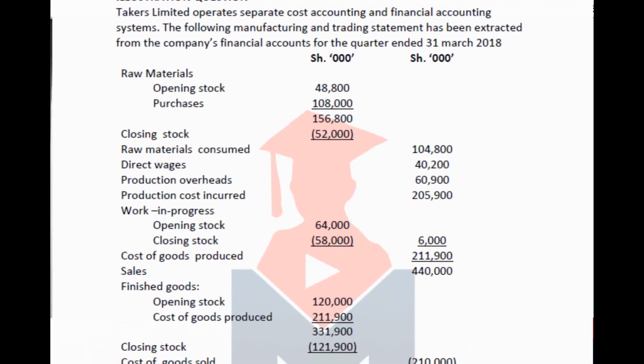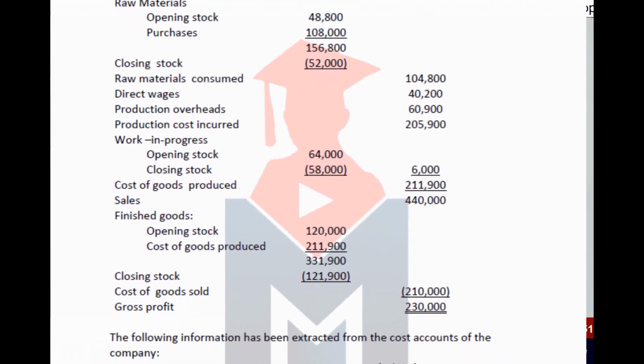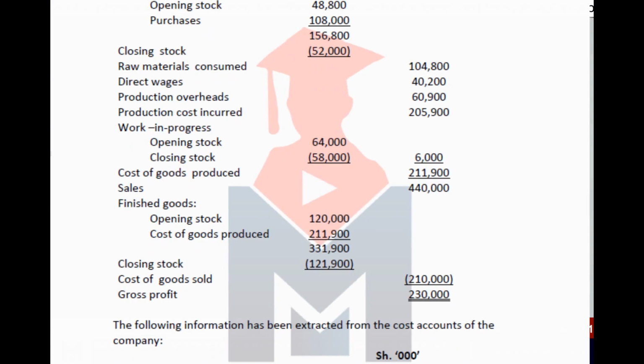So after that, production cost incurred, I'm given 205,900. These are costs incurred. We aren't told if they were overhead. So this one will not affect us in cost accounting. Work in progress, the closing inventory, cost of goods produced, I'm given at that point what we have in financial accounting.